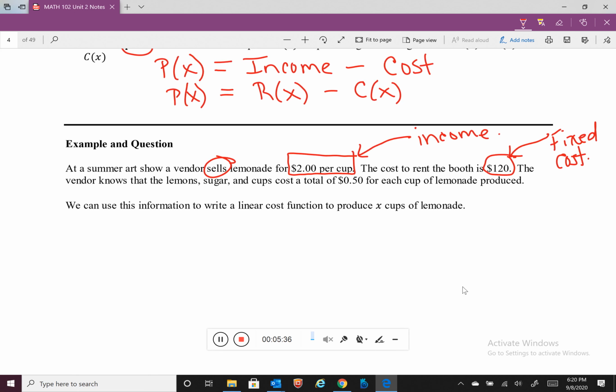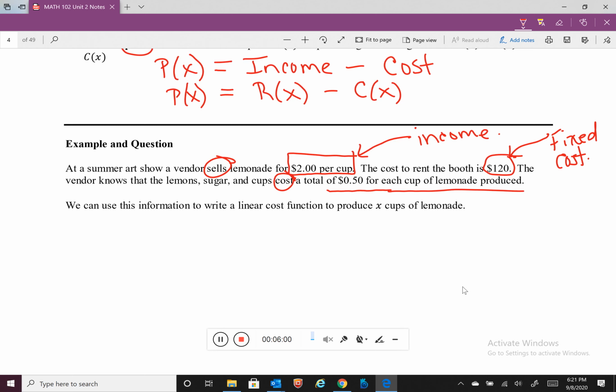It's not changing. So the vendor knows that the lemons, sugar, and cups cost a total of 50 cents or $0.50 for each cup of lemonade produced. So that is also a cost. Okay.